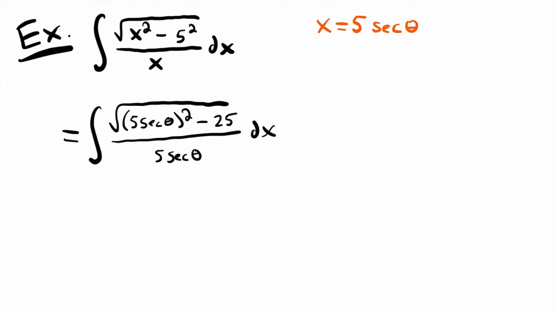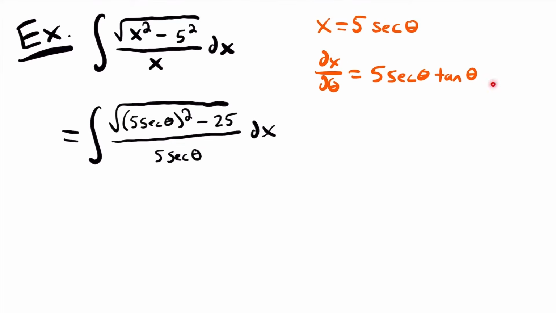And so if we take the derivative of x with respect to theta, we will have dx d theta is equal to 5 times the derivative of secant theta. Now remember that the derivative of secant is secant times tangent, so we will have secant theta times tangent theta. All right, and so the derivative of what we set x equal to is 5 secant theta times tangent theta.